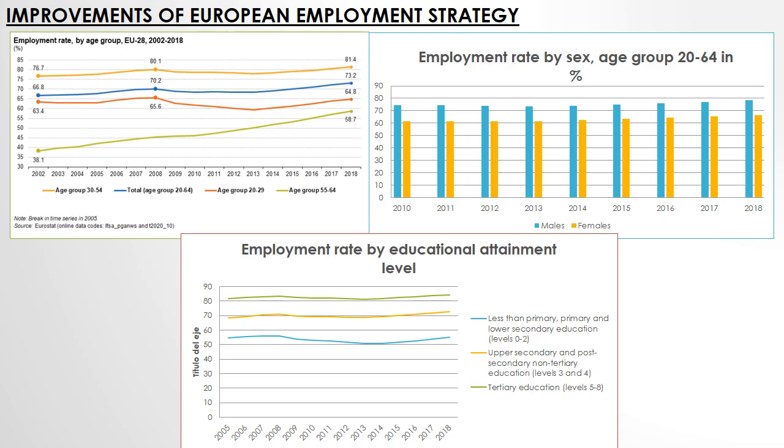But we can still recognize an existing gap between females and males. Finally, for the employment rate by education attainment level, the three education level groups have marked almost the same degree of raise, especially from 2015 to 2018, but still, tertiary education occupies the highest rate.